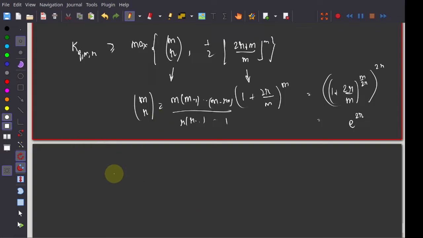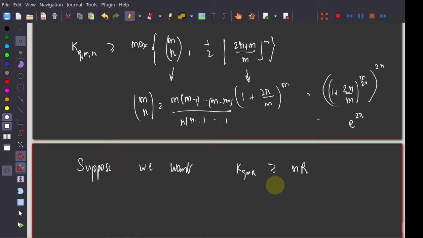So let's work around it in the following way. Suppose I want k of m, r to be greater than or equal to n times r for some constant r.